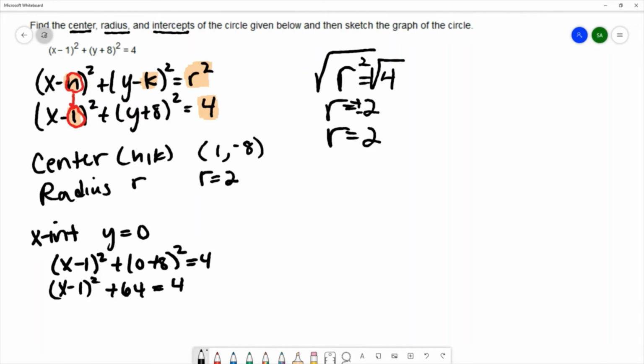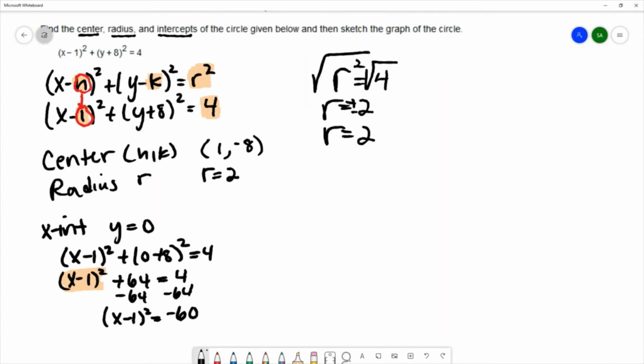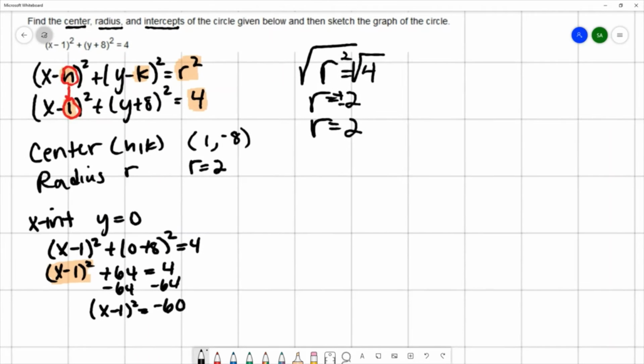I can solve this equation by isolating the square. I would subtract 64 on both sides, and that gives me (x minus 1) squared equals negative 60. As I continue to solve this equation, I can see that I'm going to get imaginary solutions.